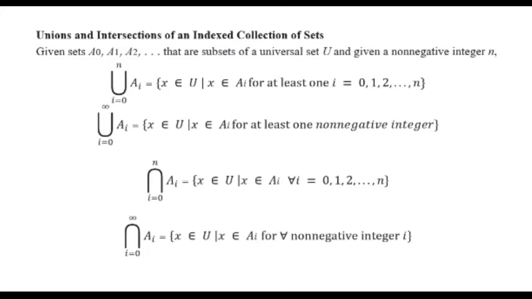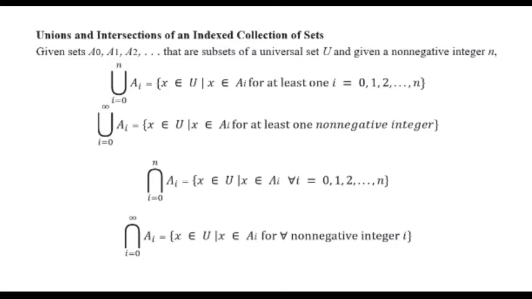So the first two symbols were about unions of multiple sets. The next two are about the intersection of multiple sets. So the third notation is this: intersection of A sub I, I from 0 to n, is equal to the set of elements x belonging to U, such that x belongs to A sub I for every I from 0 to n inclusive.